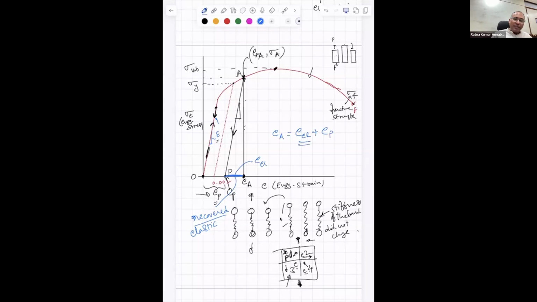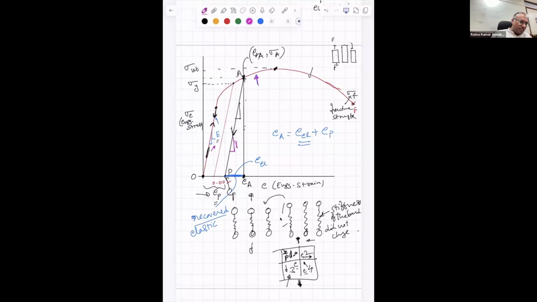All right. So depending upon the level of strain up to which you are loaded, your elastic strain and plastic strain components will change, because this curve is non-linear. Depending on the nature of this curve, you will have different elastic and plastic strains at each and every point. Now, in the experiments, when you are measuring elastic modulus, the good way to measure it is not to use this slope, but to use the slope of this line, because the unloading path is purely elastic.